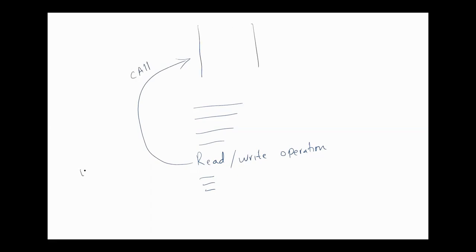So the control switches from user mode to supervisor mode, and we have to store the return address along with the registers and the status bits. Now the input-output operation is performed in the supervisor mode, and when completed, control is returned back to the program.